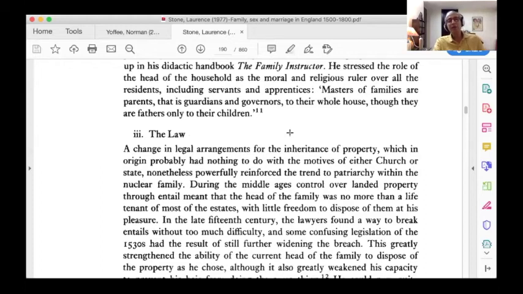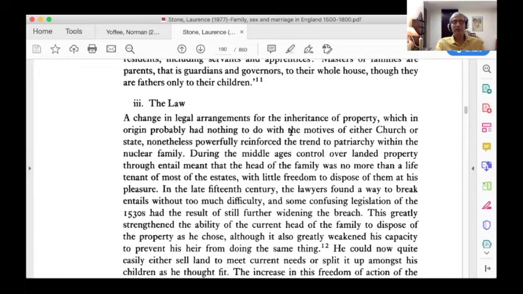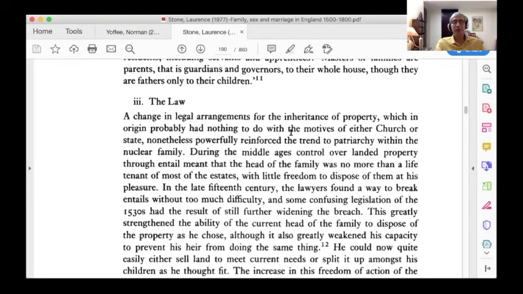There were changes in the law, right? And the changes in the law that are most relevant to the structures of family life have to do with inheritance again. A change in legal arrangements for the inheritance of property, which in origin probably had nothing to do with the motives of either church or state, nonetheless powerfully reinforced the trend to patriarchy within the nuclear family.